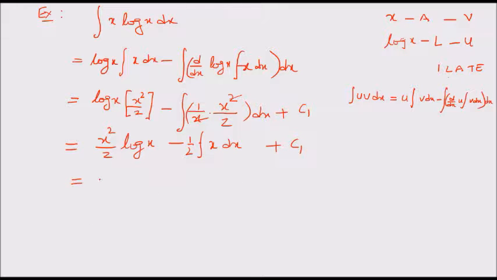Now further, x square by 2 log x minus half times integration of x, which is x square by 2, plus c1 and c2. This is c1.